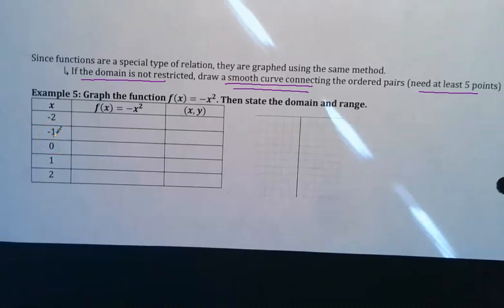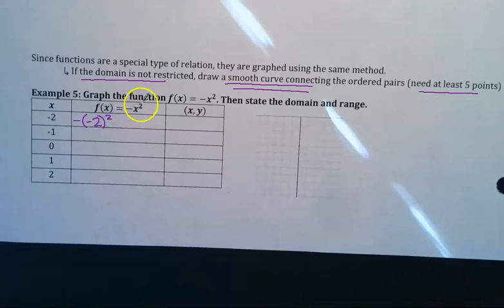So we're going to graph this function, f of x equals negative x squared, then state the domain and range. So my work here is going to be negative. What's my x? It's not 2, it's negative 2. And then it's squared, right?